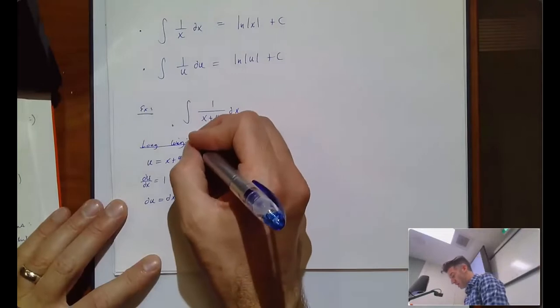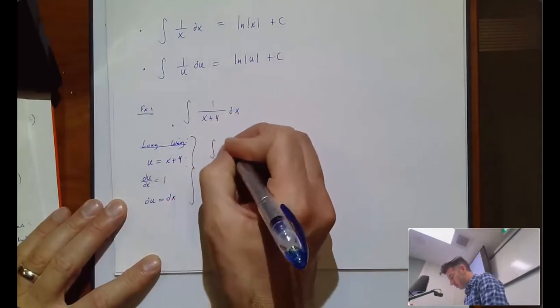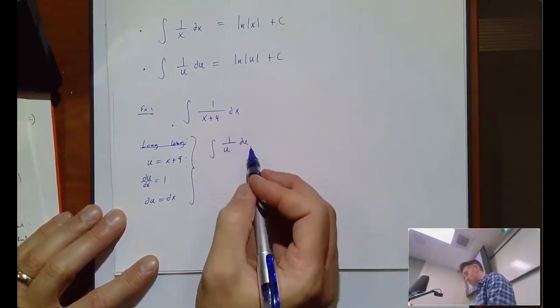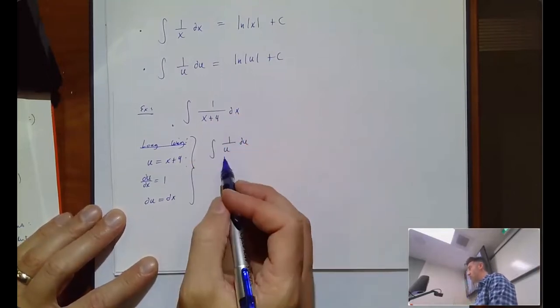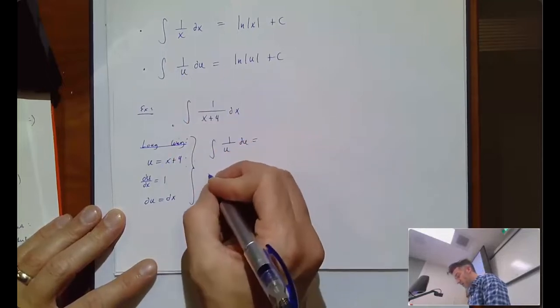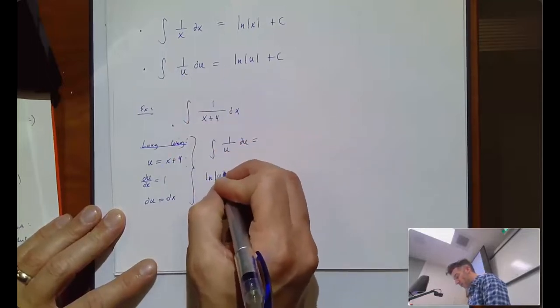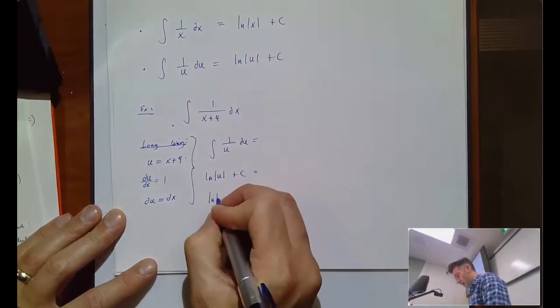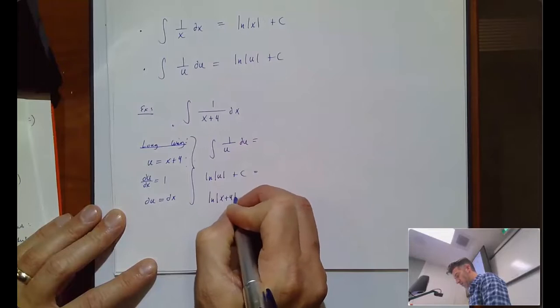We just get the integral of 1 over u du, because dx was equal to du and x plus 4 was equal to u. And the integral of 1 over u is the natural log of the absolute value of u plus c, which is the natural log of the absolute value of x plus 4 plus c.